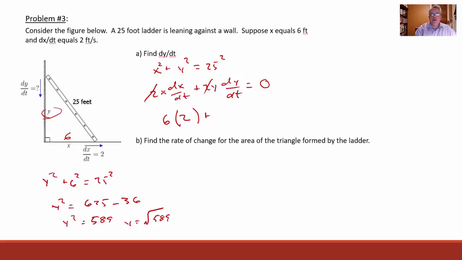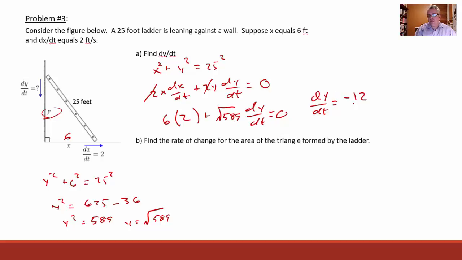So here we go. That's what y is. Square root of 589. Then dy/dt equals 0. So we can solve for dy/dt. This is 12, so we can move that to the other side. And so that'd be minus 12 over here.